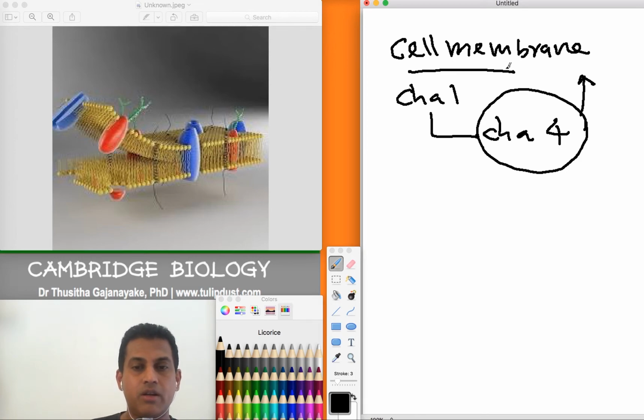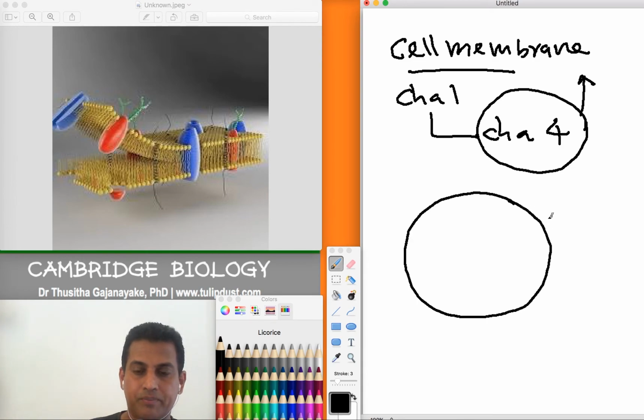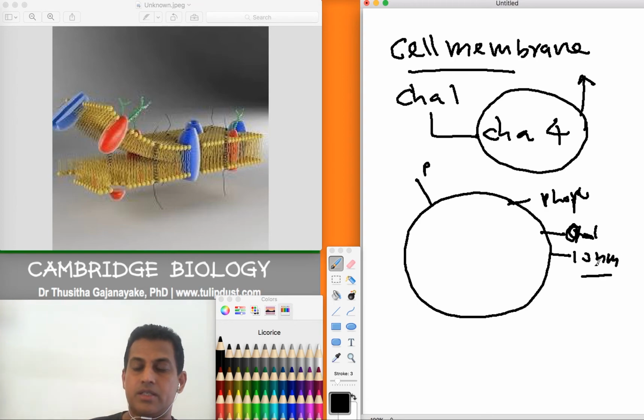Hence, we will not spend a lot of time on it in chapter 1. So the cell membrane is the boundary of the cell. It is made up of basically proteins and phospholipid, and it is extremely thin, about 10 nanometers in thickness.